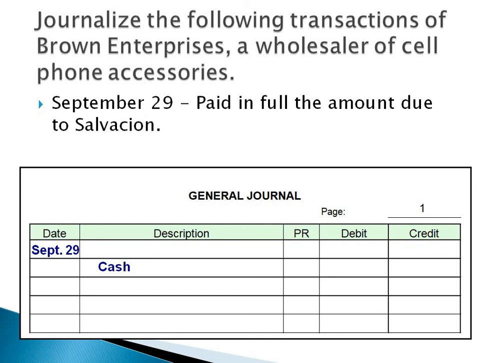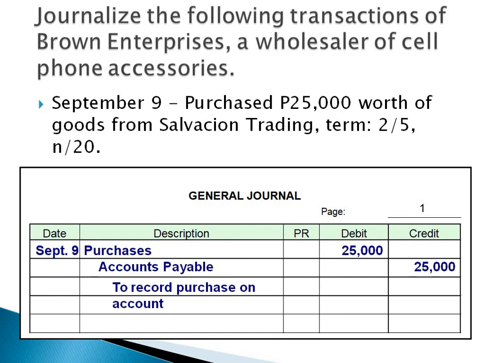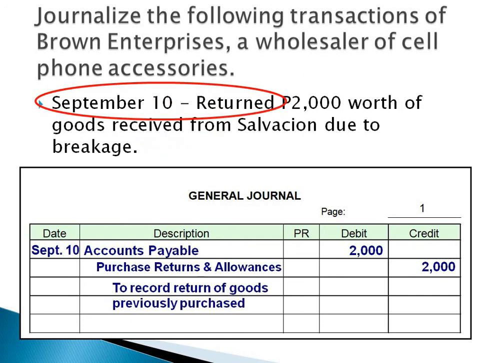The first one was on September 9 when we credited accounts payable for 25,000. And then there was another one on September 10 when we debited accounts payable for 2,000. After those two transactions, how much was the accounts payable balance of Brown Enterprises to Salvation? 23,000.